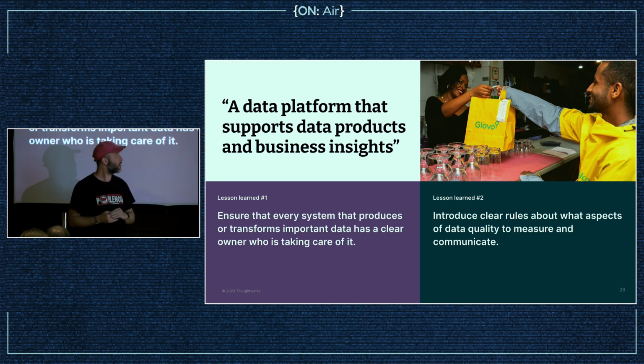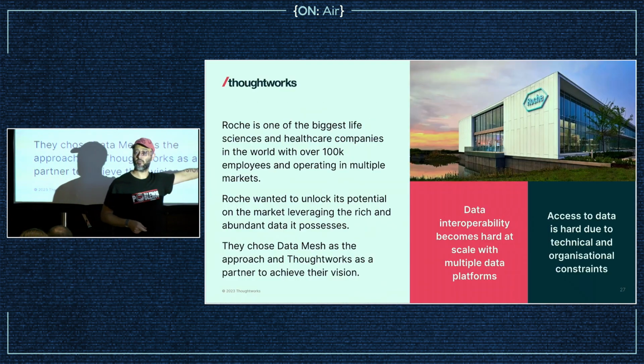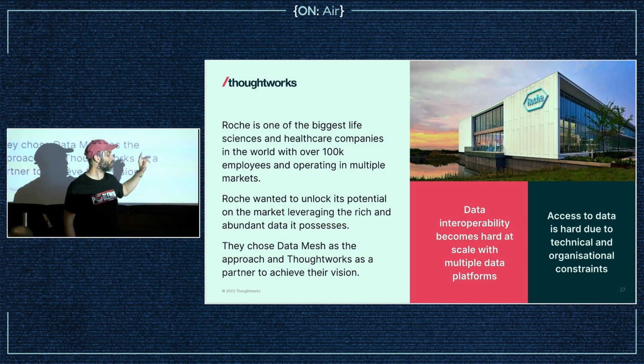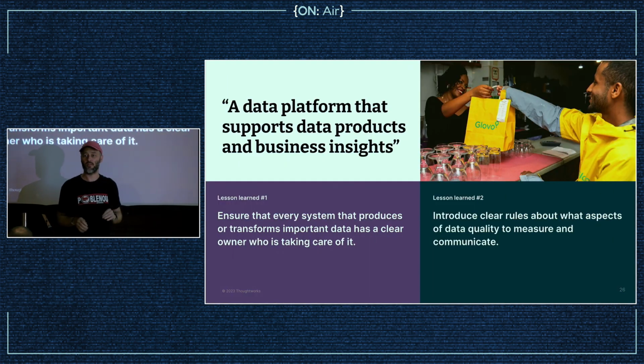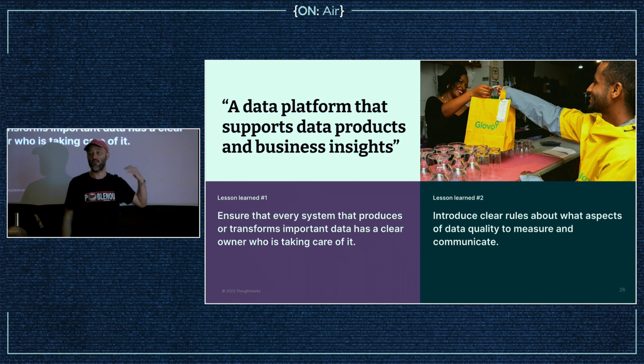The second one, though, is more about governance. Normal developers dislike governance. People who join scale-ups and startups hate it. They came to do something special. They want to change the world. They want to move fast. Hopefully not break too many things, but definitely they want to move fast. But that was one of our lessons, that we really needed to approach governance with a spirit of cooperation and introduce clear rules about what aspects of data quality we needed to measure and communicate.